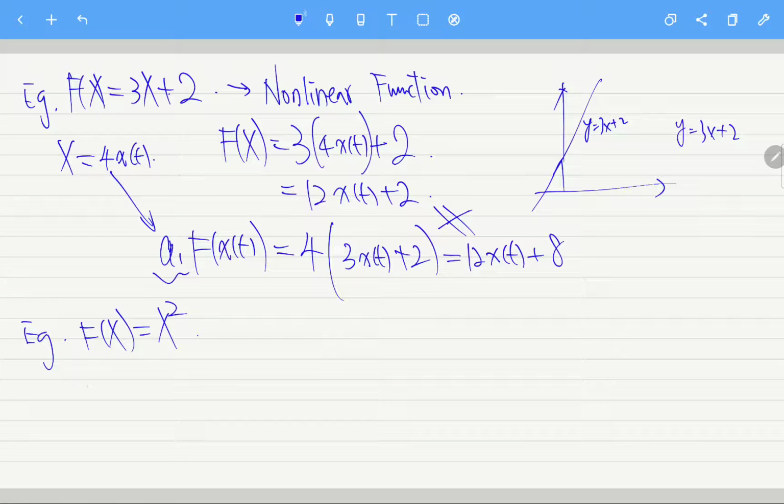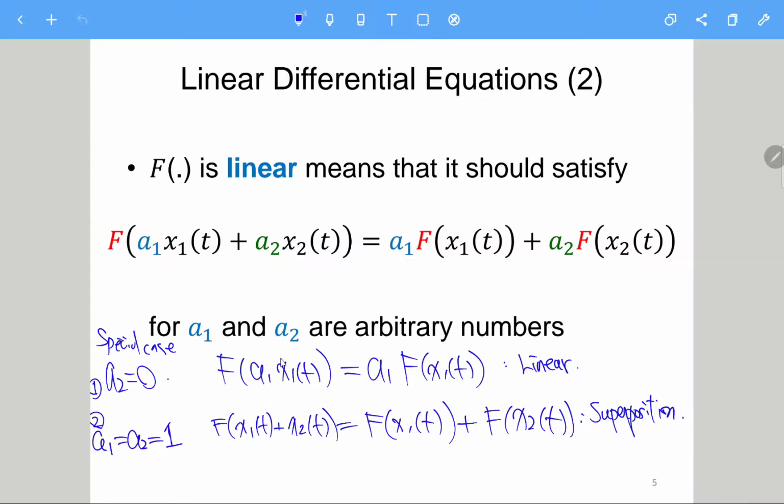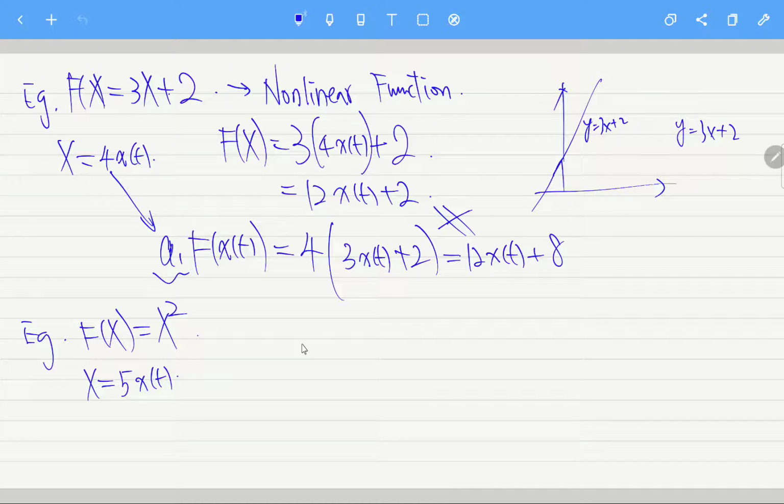So now we still have x to be like 4x of t, or maybe I put it to be 5, because in this case a1 is still an arbitrary number. So f of x is 5x of t quantity squared, which is 25 x of t squared.